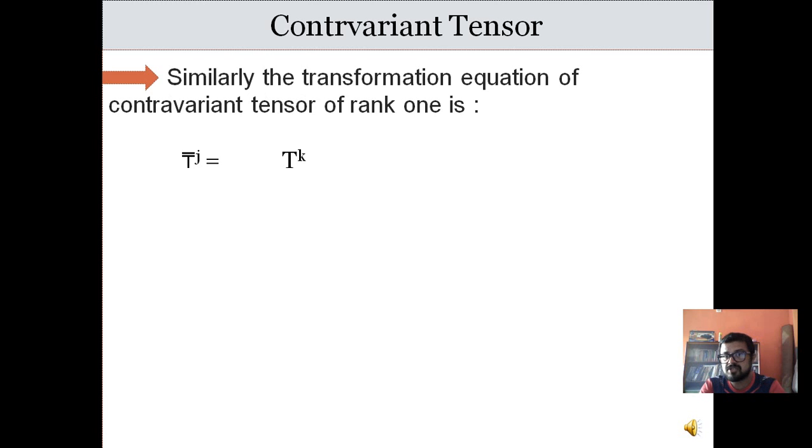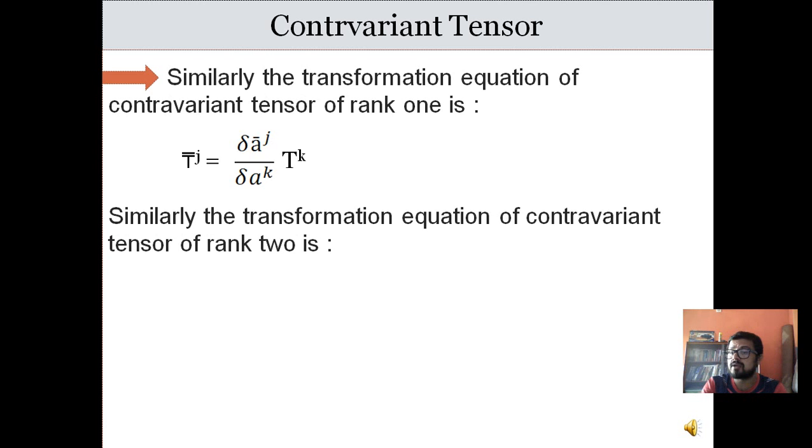Similarly, the transformation equation for rank 1 is given below. T bar j is equal to delta a bar j upon delta ak tk. Similarly, we can consider the transformation equation of rank 2. T bar jk is equal to delta a bar j upon delta ap, delta a bar k upon delta aq, tpq.